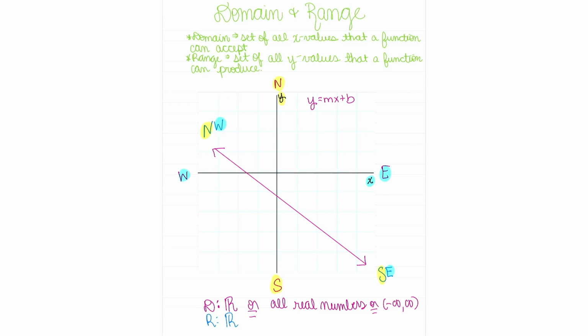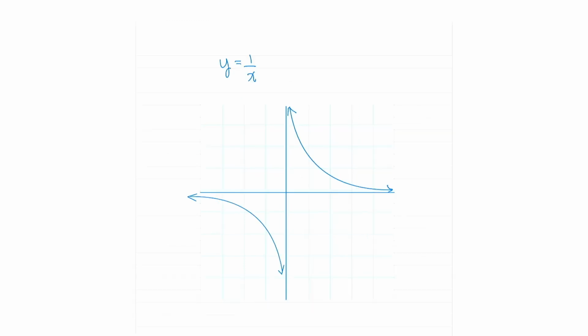Now let's go and talk about a rational function. Now let's talk about a reciprocal function. So here you can see that we have two parts of our graph. We have this part down here and this part right here. You may notice here that there is something called an asymptote right down our y-axis, and that is where the graph actually breaks.